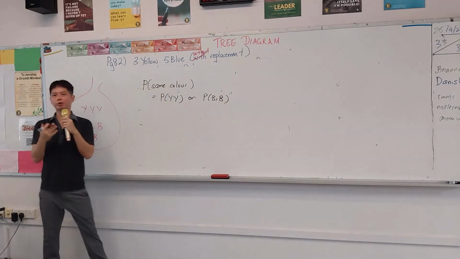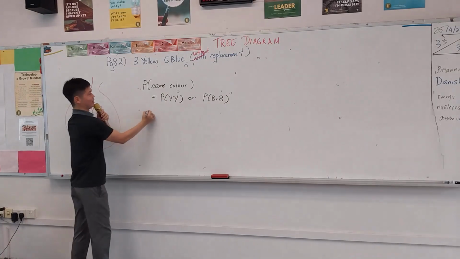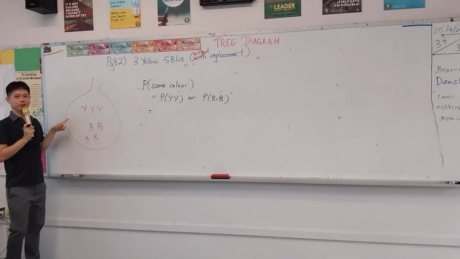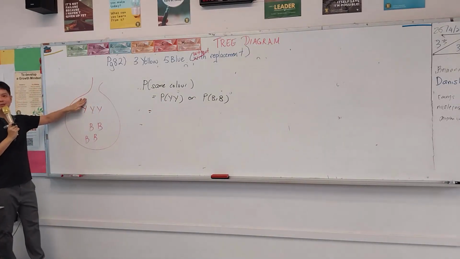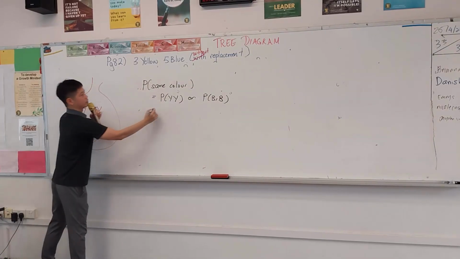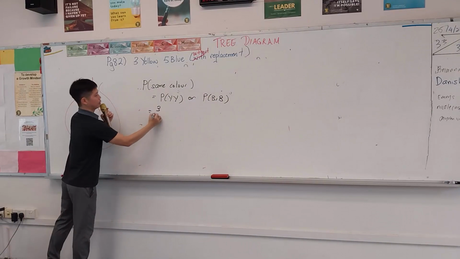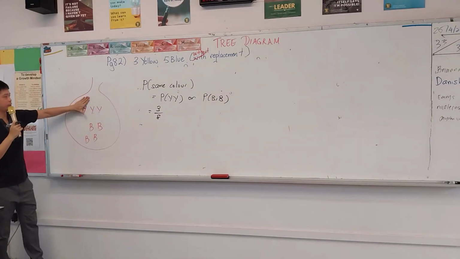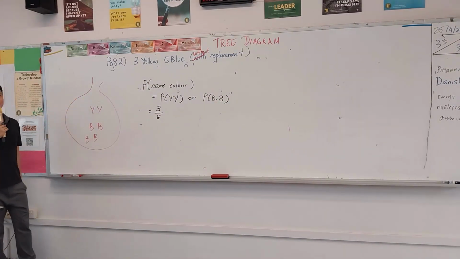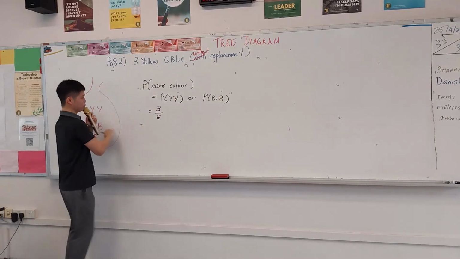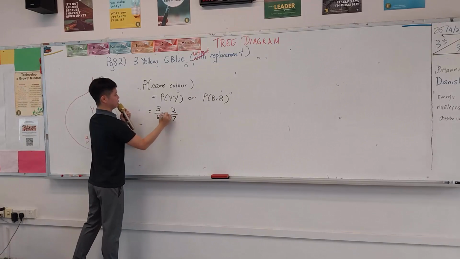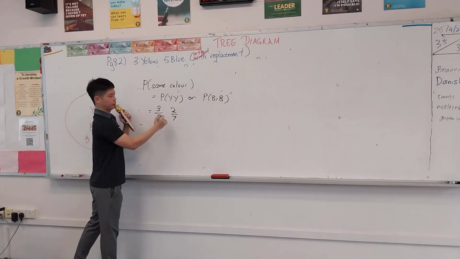Or. Oh, we need the 3 diagrams, so now we understand how to do this. Okay, first one yellow, 3/8. Now the question is still no replacement. I take one yellow. What's the probability of getting a second yellow? 2/7. What do you do with these 2 numbers?